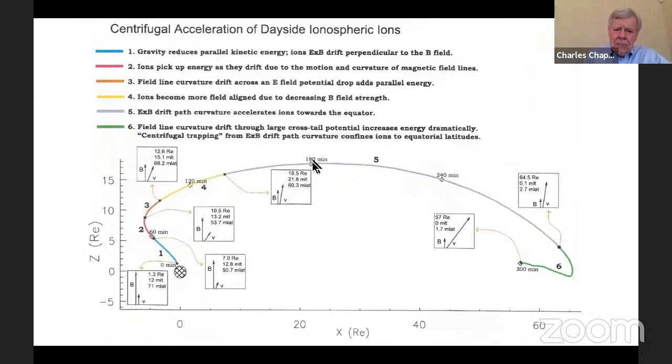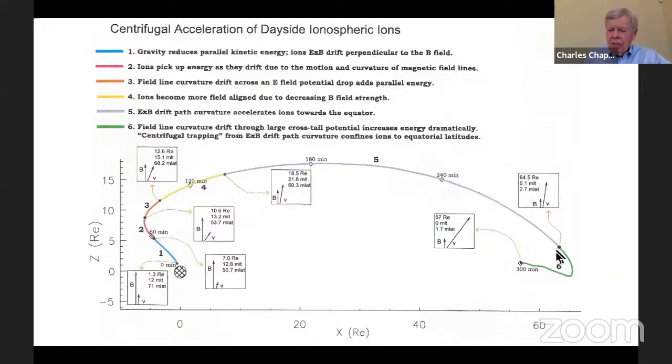Here are times: 2 hours, 3 hours, 4 hours, about 5 hours by the time it gets to the plasma sheet out here. But in the lobes it's very low energy, less than 100 eV, tens of eV.